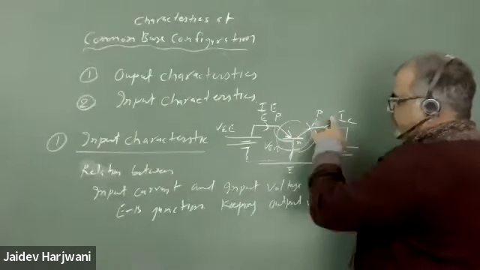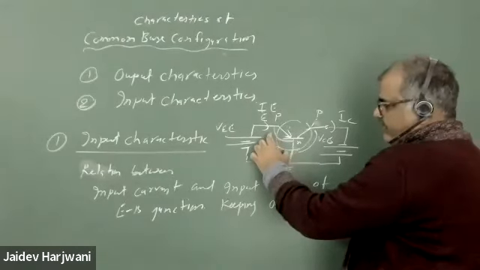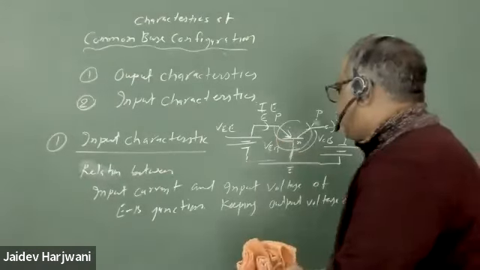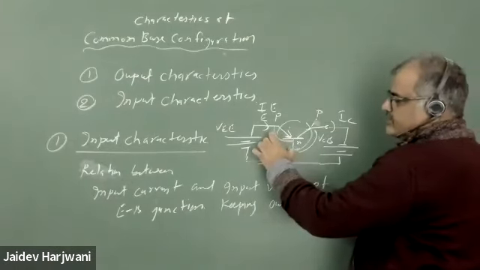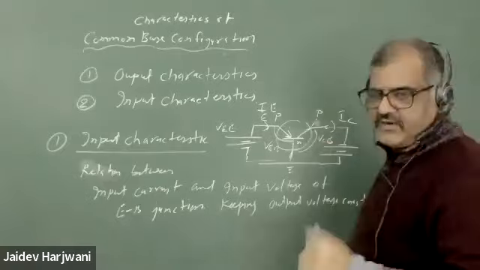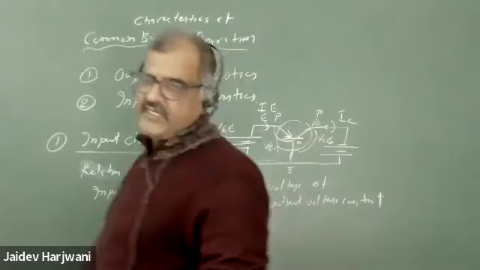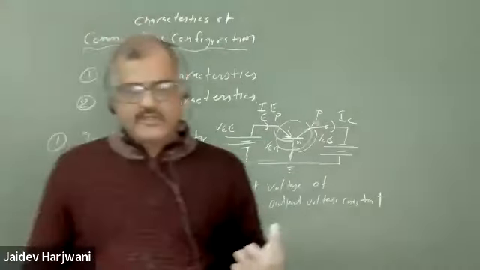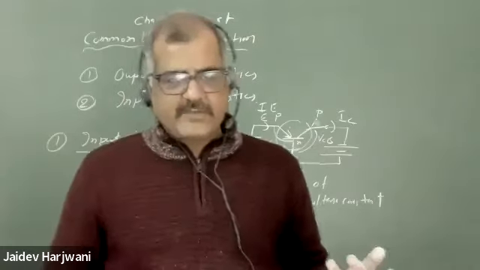IE is your input current, IC is your output current, and VBE is the forward voltage here. How much voltage is required? This voltage is required for the diode to conduct. You know from the diode that if you want to make any junction conduct, you need to apply some cutoff voltage.